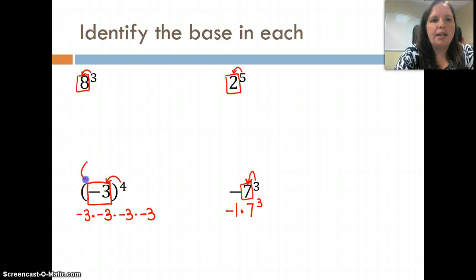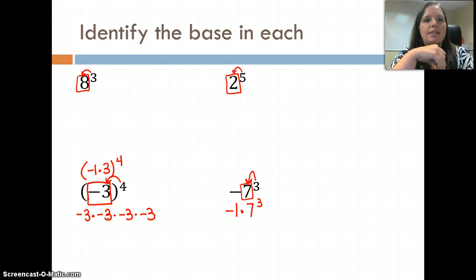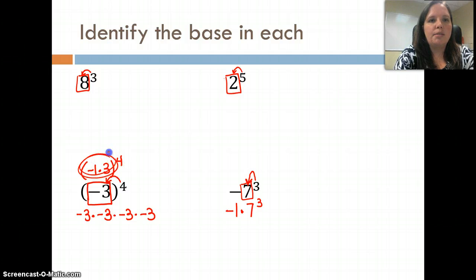I could do the same thing back for this example. I could say -1 times 3 to the 4th power. But if you notice, these parentheses mean that this exponent goes to both parts.